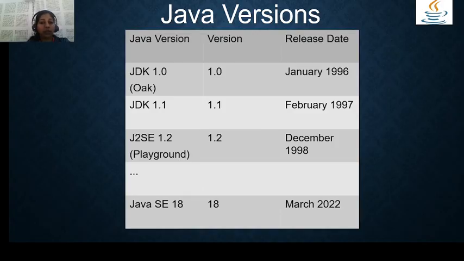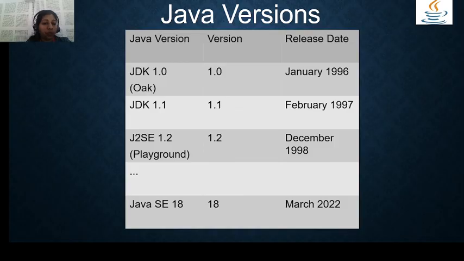After that JDK 1.1 was released in February 1997. Then J2SE version 1.2 in December 1998. That series goes on, and now the latest version of Java is Java SE 18, which was released in March 2022.